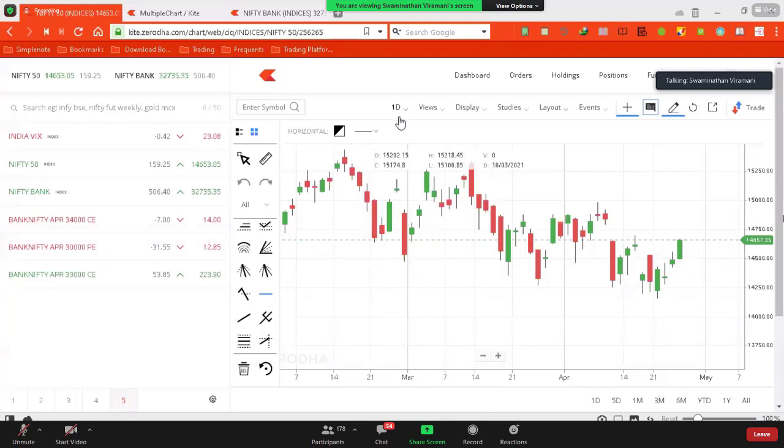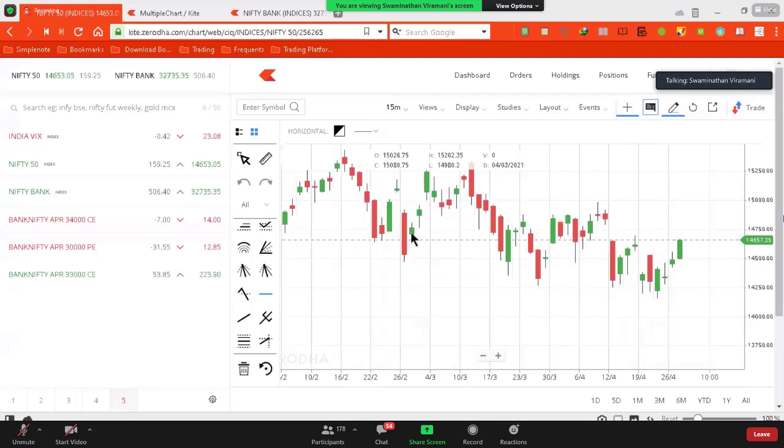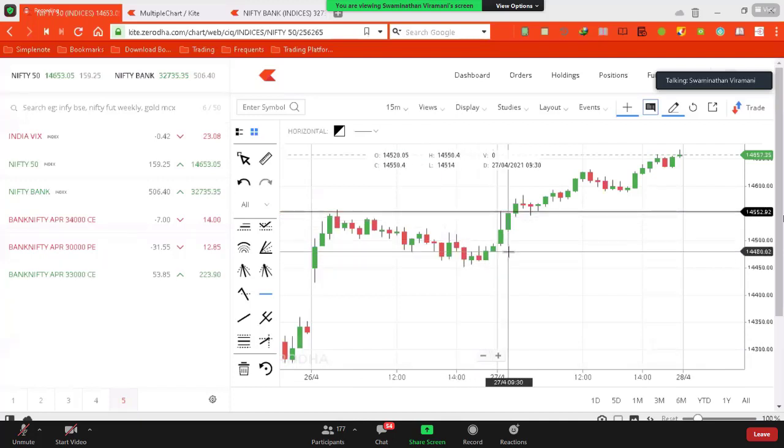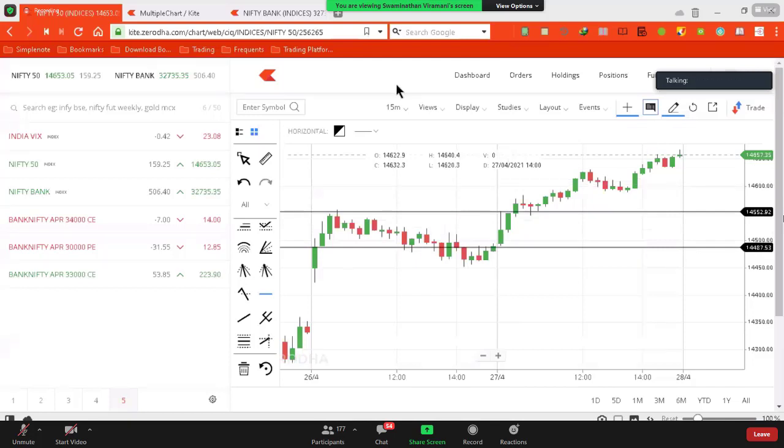If you want to absolutely be sure and avoid sideways days like this, then you go on the 15-minute ORB. If the 15-minute high is not broken, don't enter the trade. Here for you, it did break today. You still had a valid trade. If you had taken close to ATM, you would have made a lot of money.